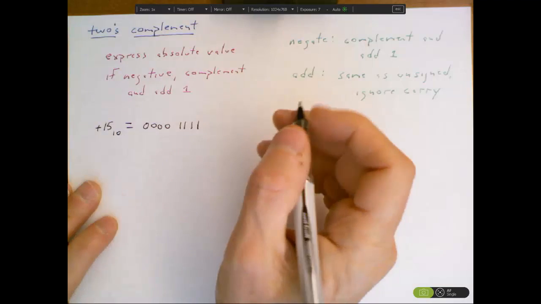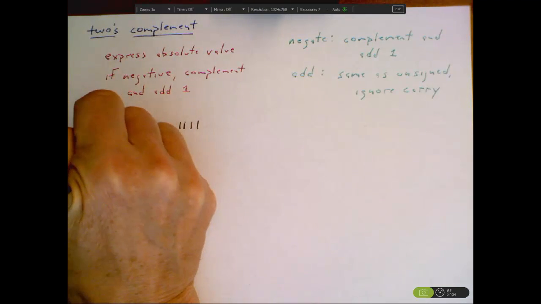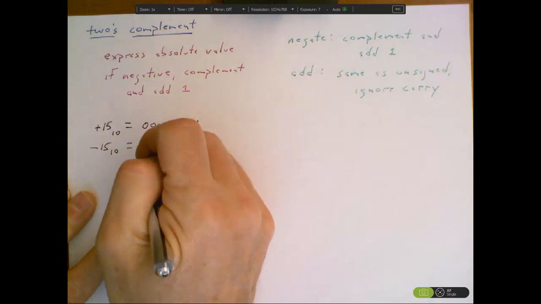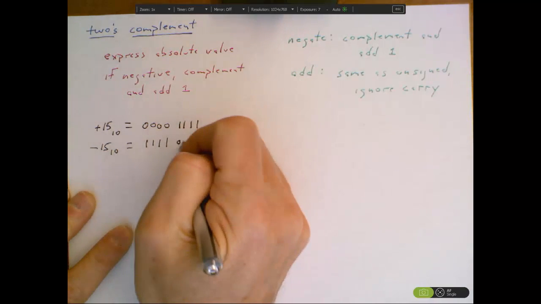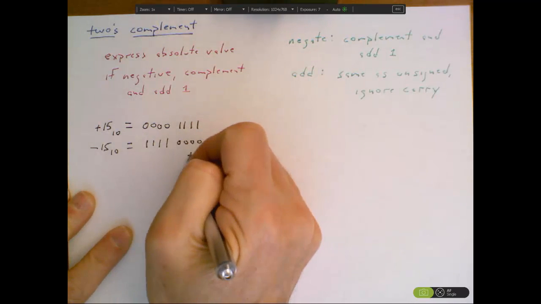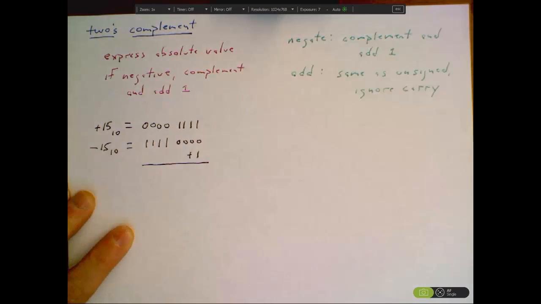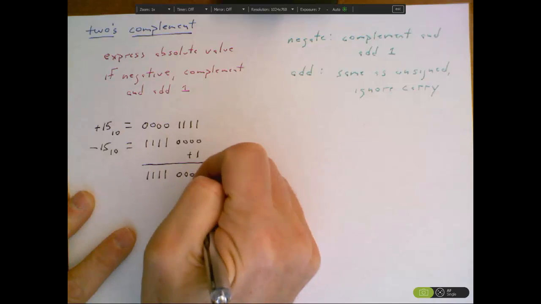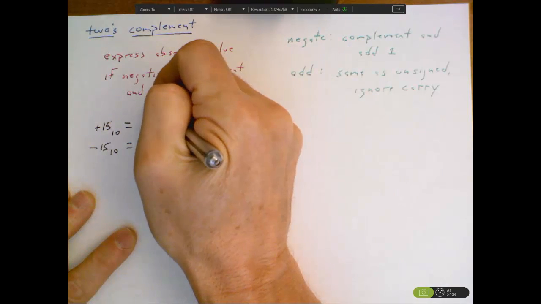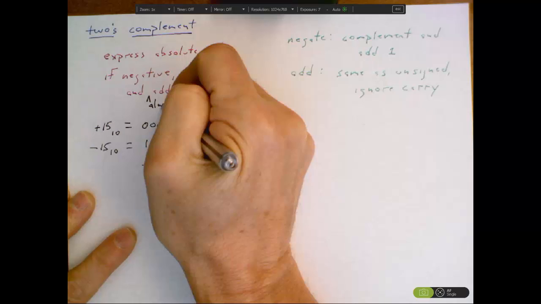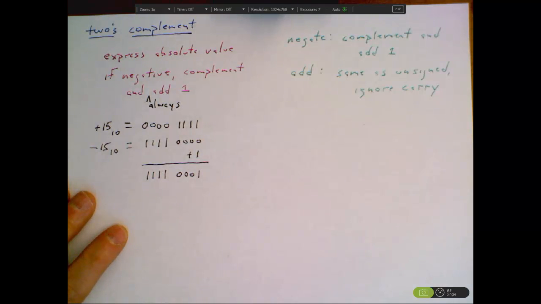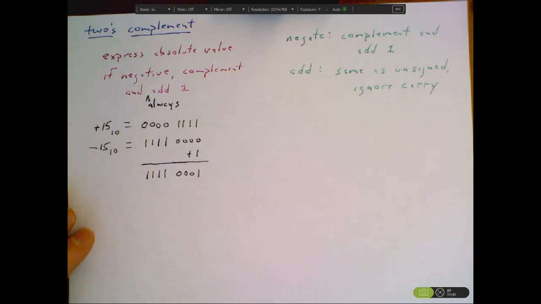Positive 15, minus 15 is now: complement all the bits and always add 1. Okay, so 1, 2, 3, 4, 0, 0, 0, 1. Again, maybe I should emphasize here, we're always adding 1 now when we negate. Okay.